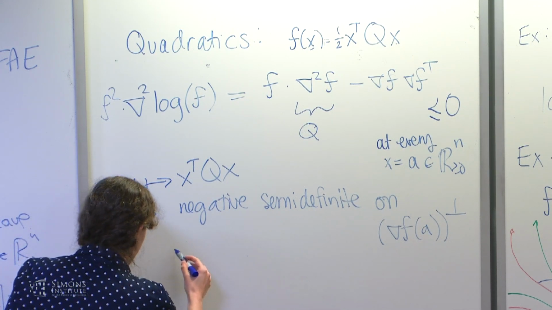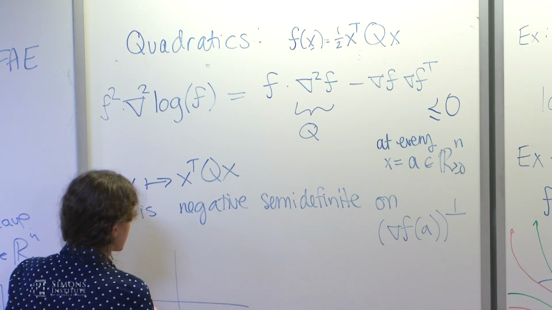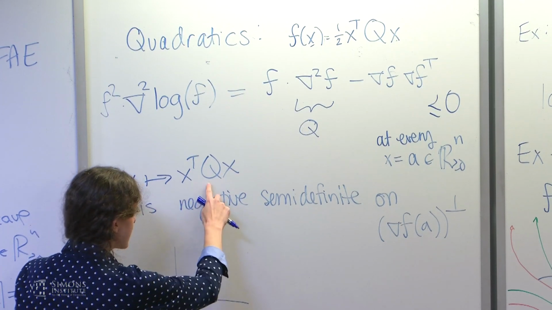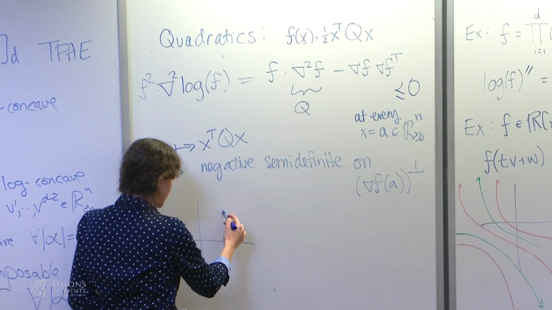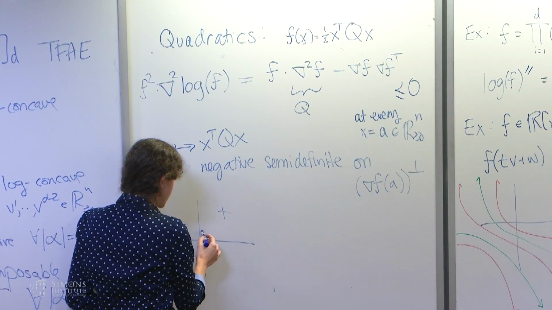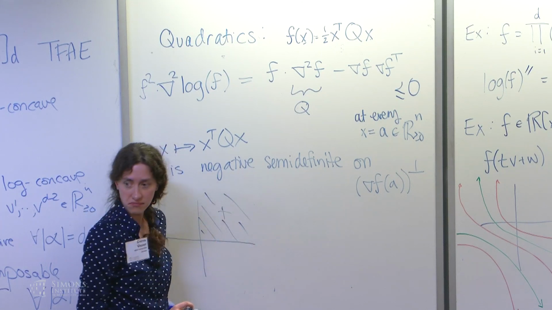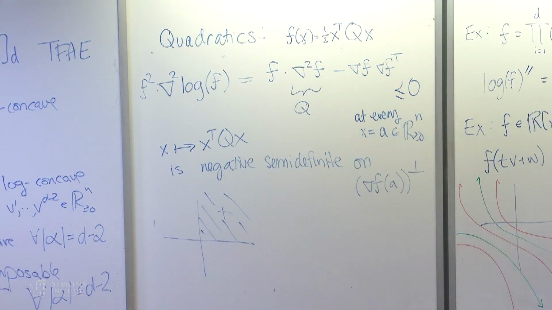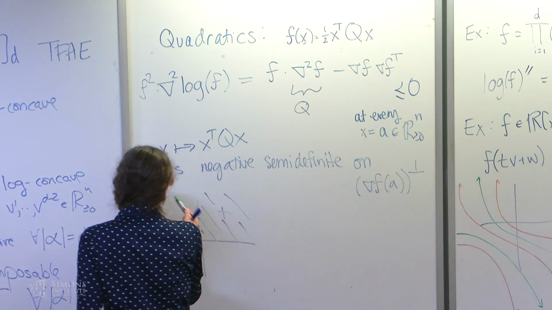And again, the picture that I want to have in mind for this is, so this polynomial, because the entries of this are non-negative, it necessarily is going to take positive values on the non-negative orthant. And what this condition says is that there's some linear space on which it's negative semi-definite.